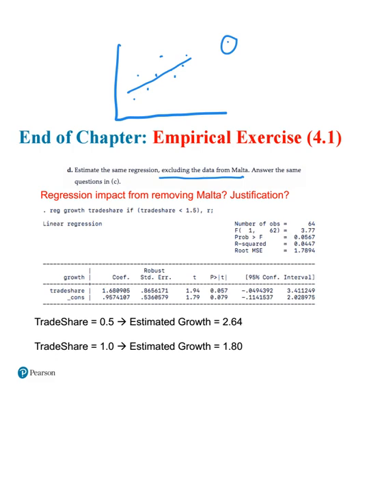Now it turns out that Malta is this little island in the Mediterranean, kind of like off the boot of Italy. And it's what's considered a freight transport site. So this is why it has such a large trade share, where trade share is defined to be exports plus imports divided by GDP.